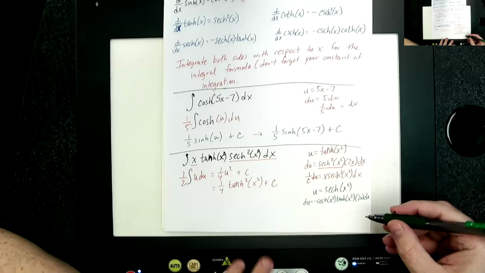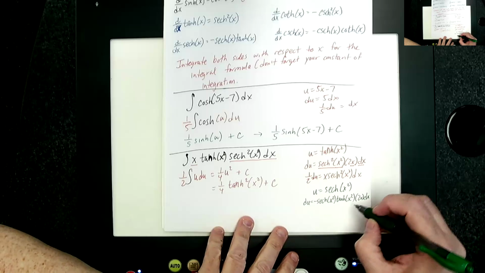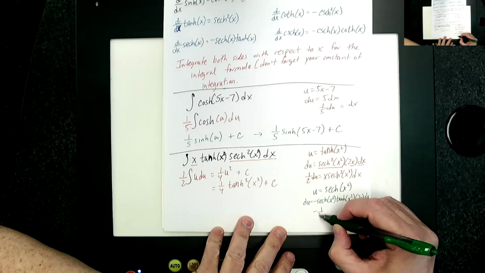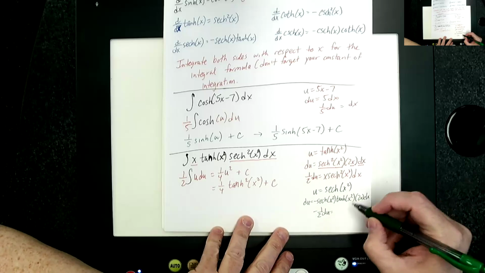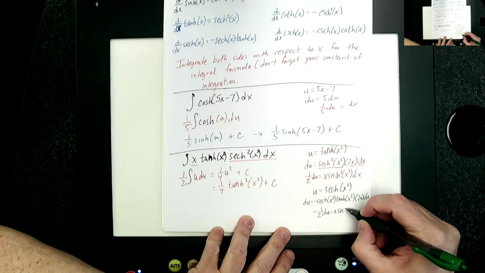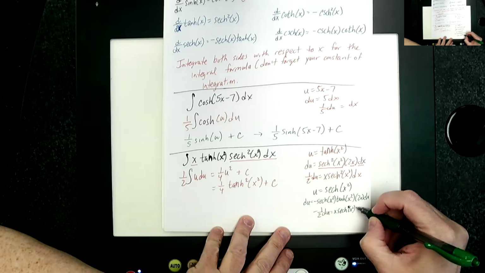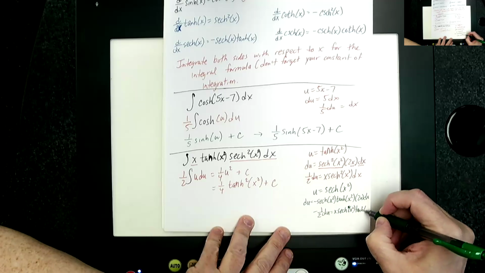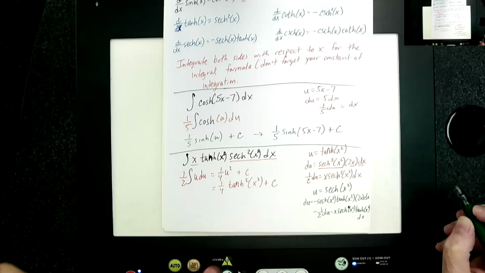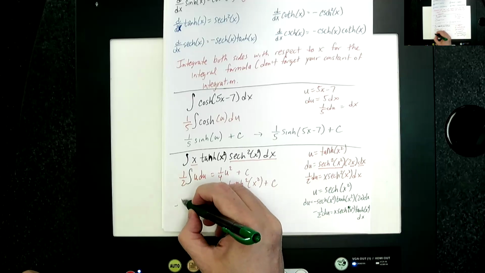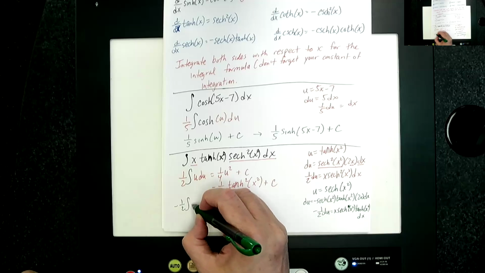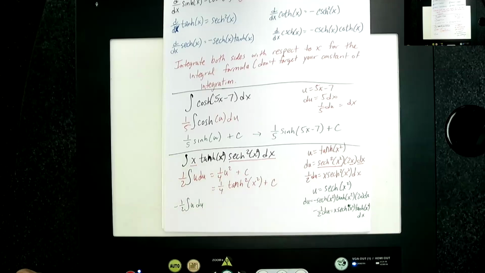So this has everything that we need except the -2. I would have -1/2 du equals all that good stuff there: x secant x squared tanh x squared dx. And this becomes the integral of -1/2 u du.